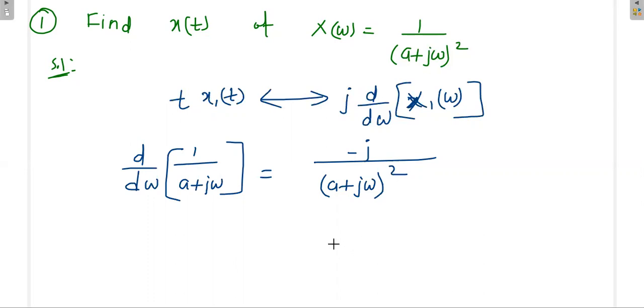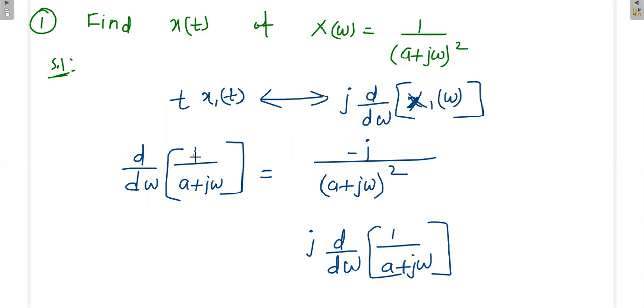So if I multiply this term with j, that is j into d by d omega of 1 by (a plus j omega), which we have already calculated, I will definitely get 1 by (a plus j omega) whole square.